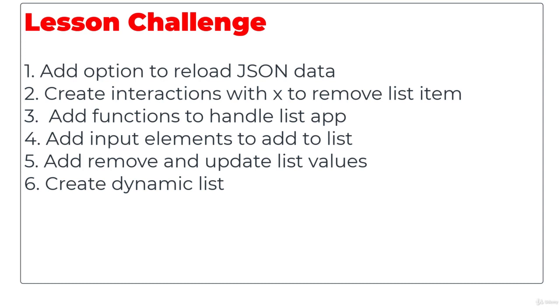So creating the fully dynamic interactive list object. That's what we're doing in this lesson. So go ahead and add those to your own project. And coming up, we're just going to do a quick finalization of the app.